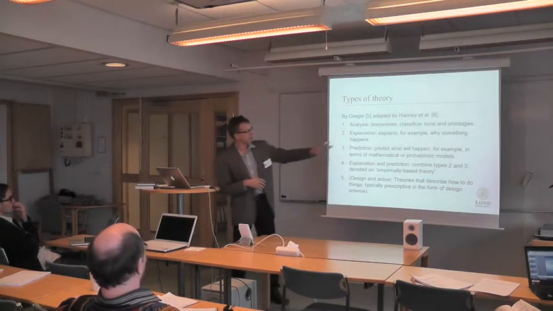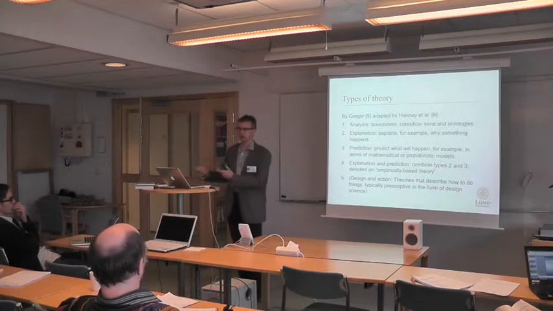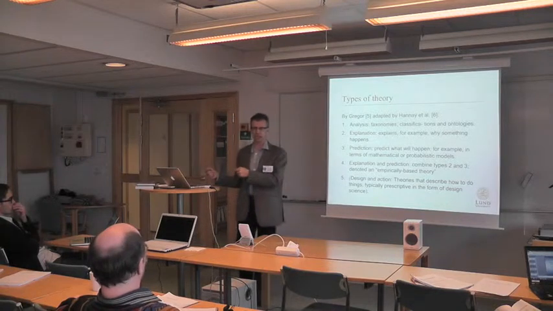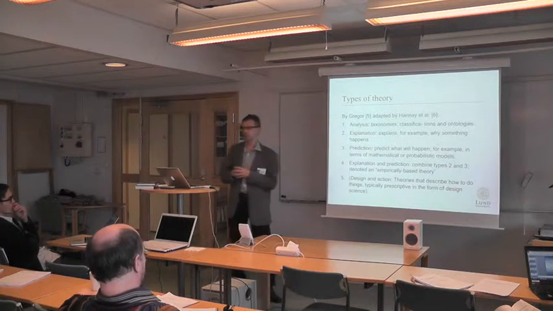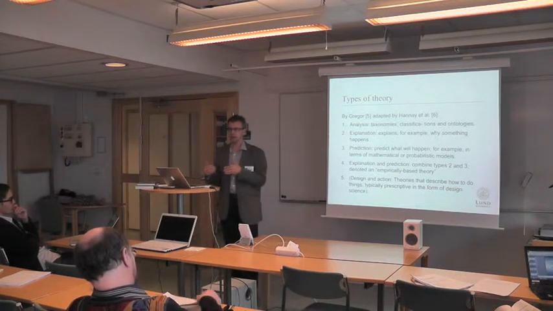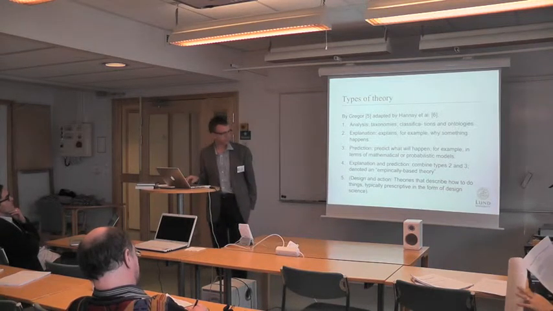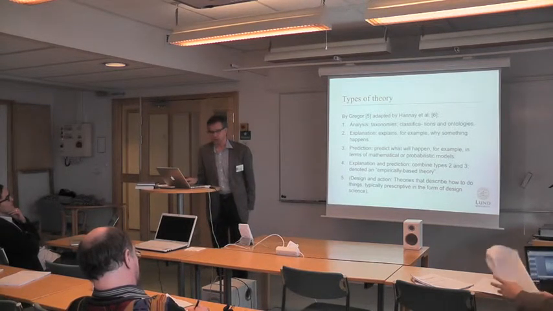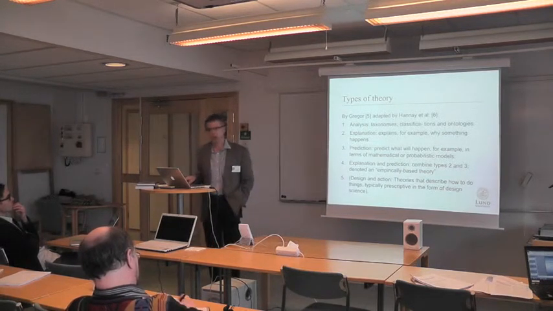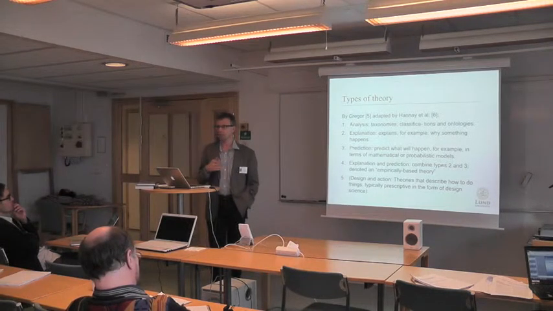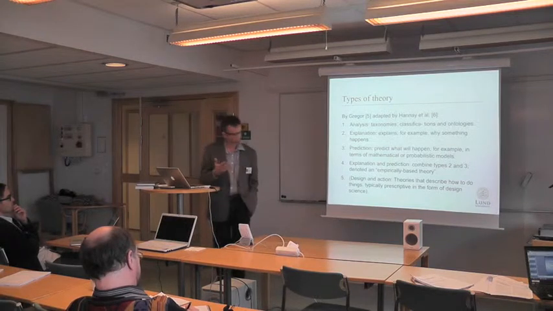While these explanation theories say, from a certain situation, this is why it happened, they do not say that this is a general pattern. However, when we talk about prediction theories, they do some kind of forecast of what will happen. So I think these different types are also important to have in mind when we talk about theory. Which type of theories do we talk about?